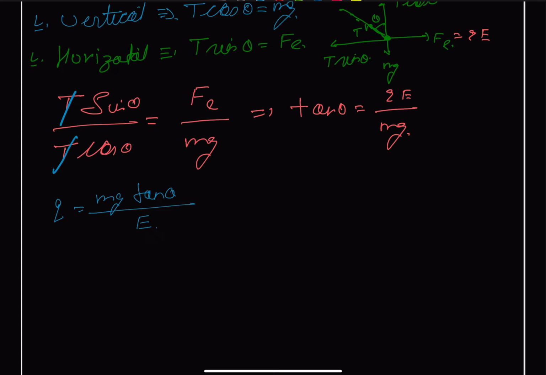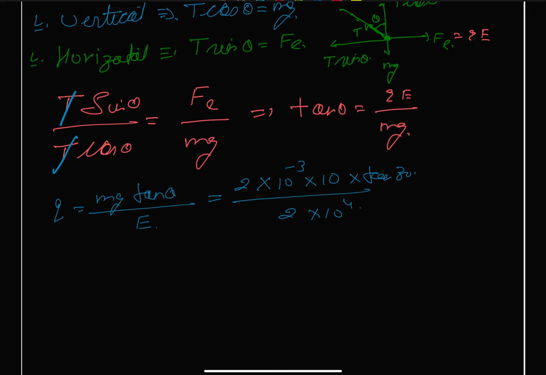We get 2 into 10 raised to power minus 3, g is about 10, and we have tangent of 30. Electric field is 2 into 10 raised to power 4. Tangent of 30 is 1 by square root of 3.